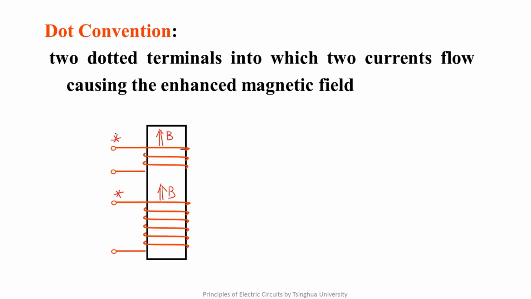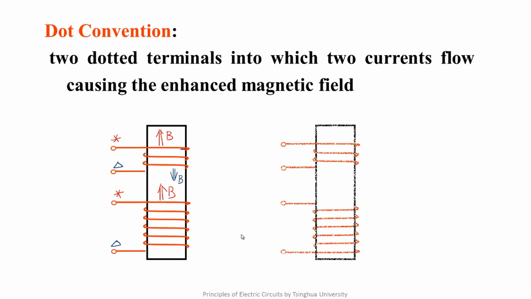However, it should be noted that we can mark these two terminals as the dot convention, but similarly, we can also mark these two terminals as a dot convention, because they produce the same direction of the magnetic field, which is downward. So there is a very important point about the dot convention: the dots of the two coils need to be determined together. In other words, the dot of one coil can be determined arbitrarily, but once you determine one dot for one coil, the dot for the other coil is also determined.